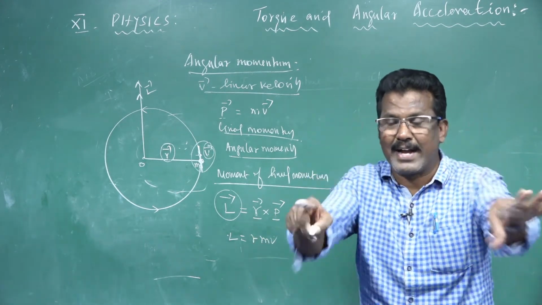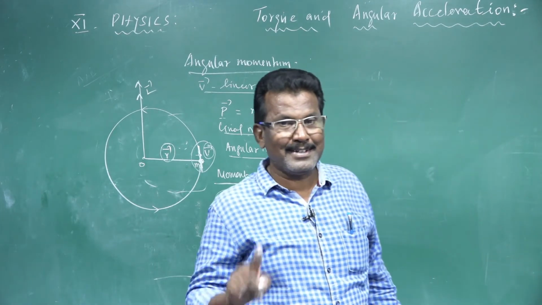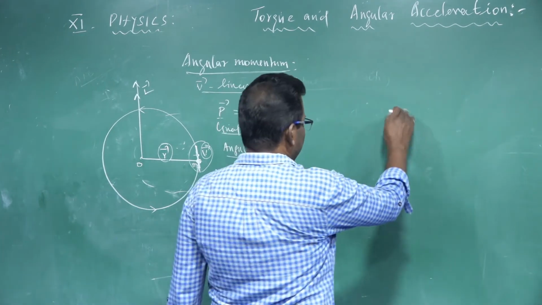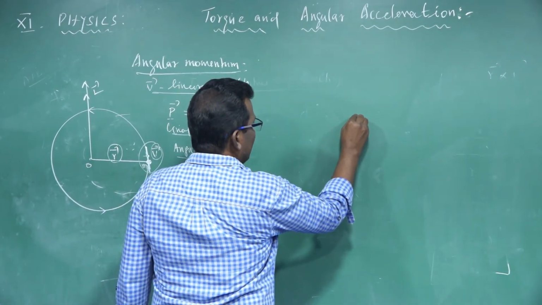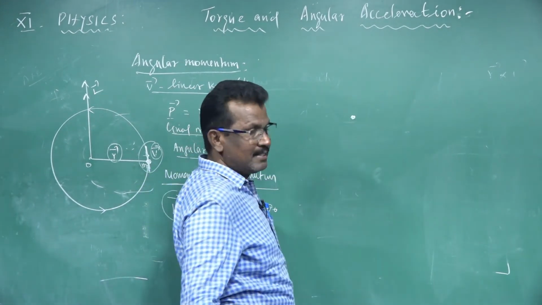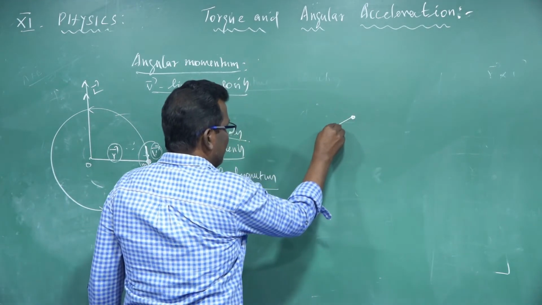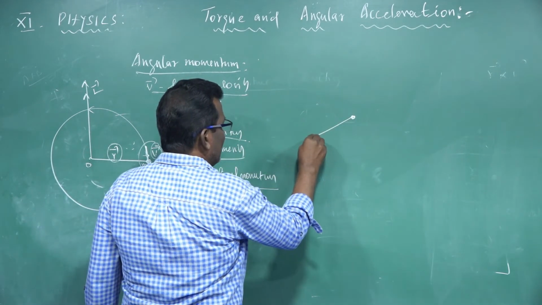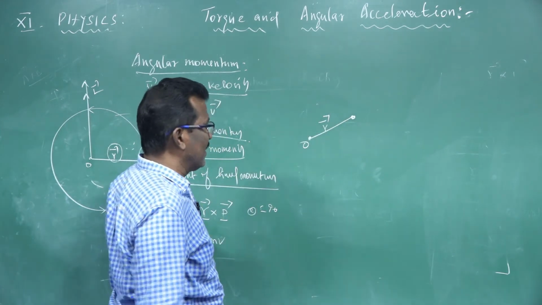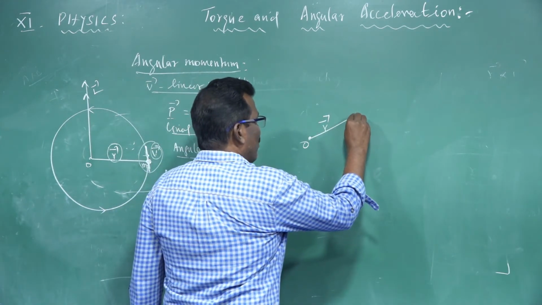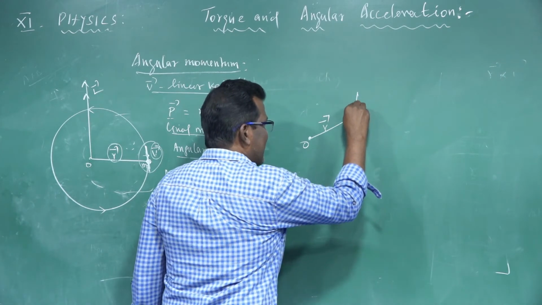If theta is not 90, how do we write it? For example, consider this is the particle, and from the origin is the r vector. The particle moves with velocity v along this direction.